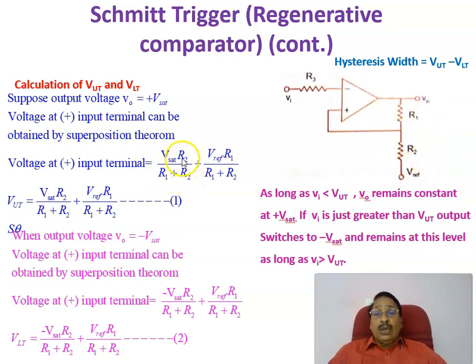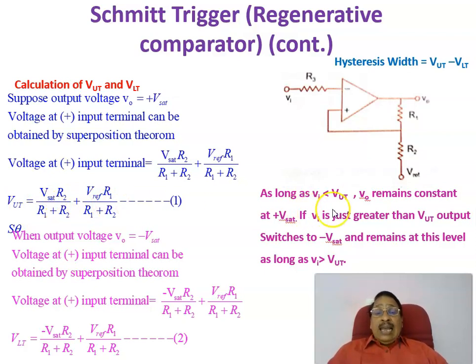When the reference voltage is present, it is V reference divided by R1 plus R2 into R1, because this is grounded. Therefore, this is the voltage that is defined as the upper threshold voltage, VUT.